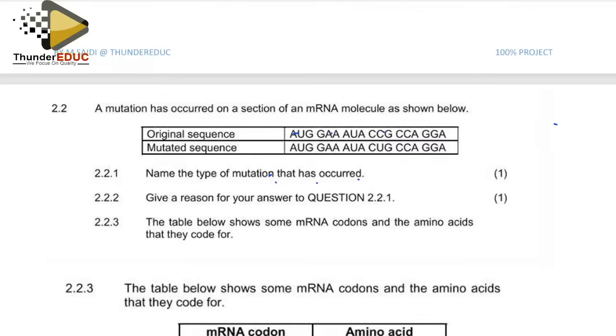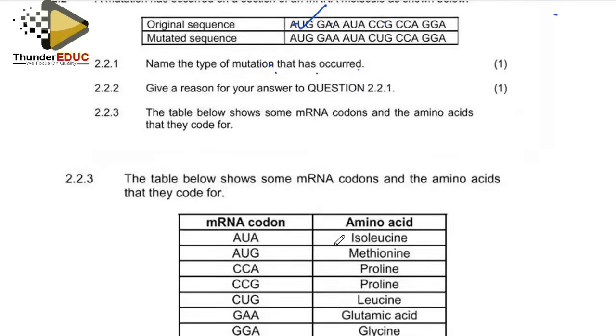So here, AUG codes for methionine. GAA codes for glutamic acid. AUA codes for isoleucine. Then CCG codes for proline. CCA codes for proline.